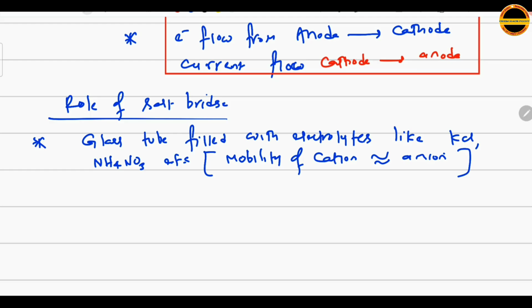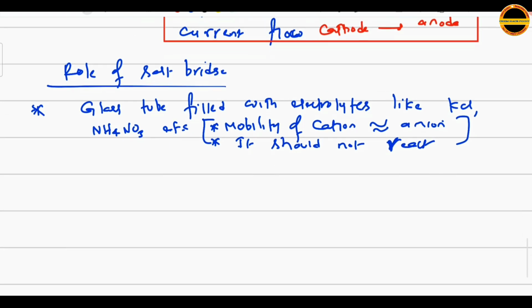Such electrolytes we need to select. At the same time, it should not react. So keep in mind these conditions here.